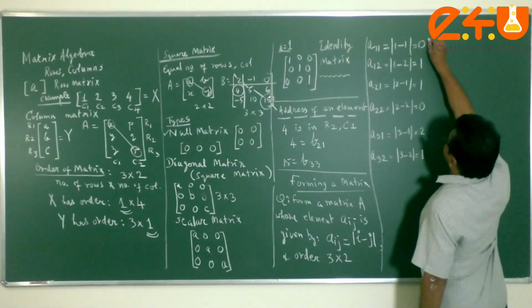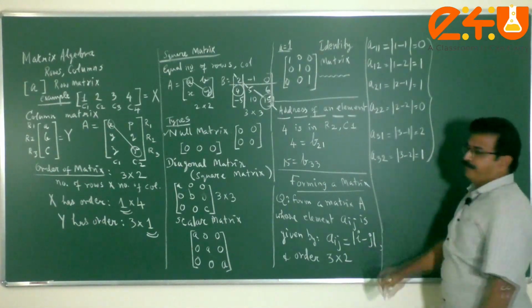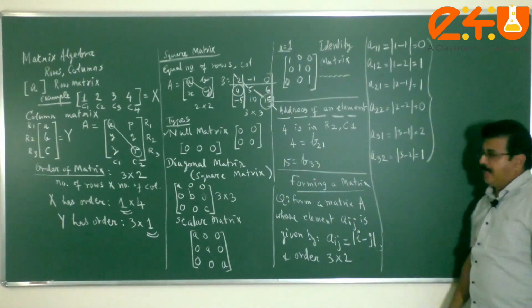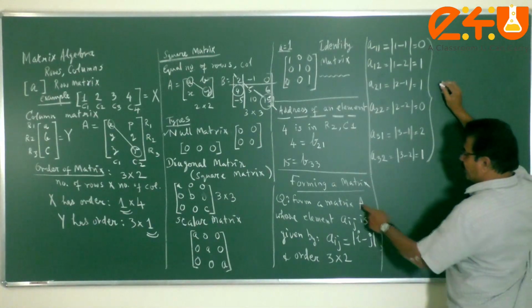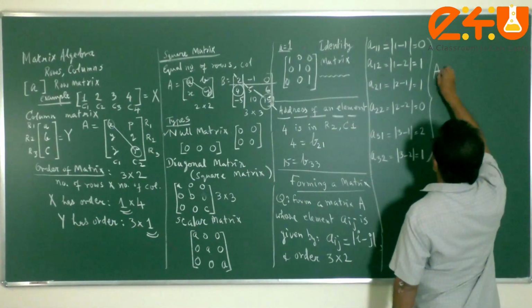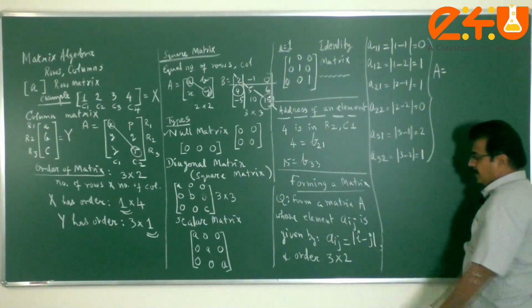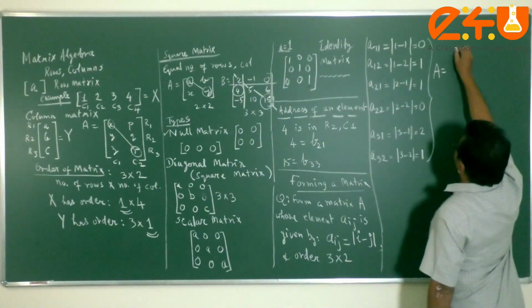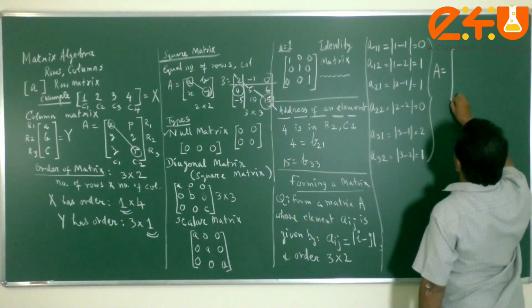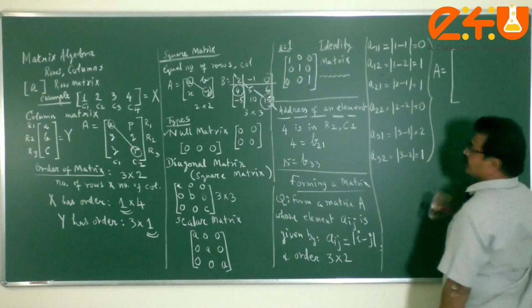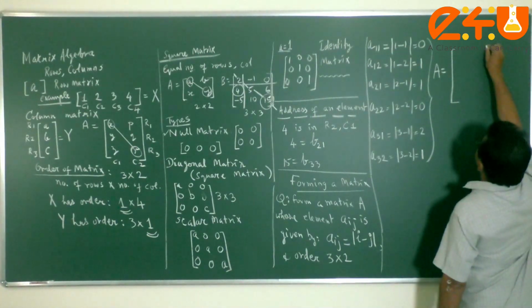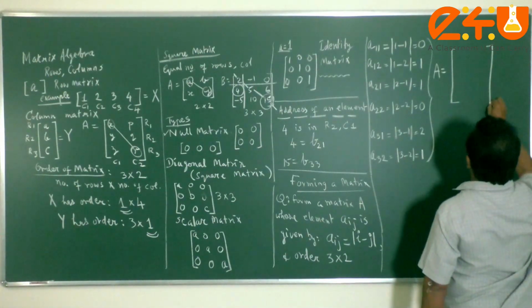Once we have calculated the values of all the elements, now we can frame the matrix. Let me write here. So the matrix is named A. There are 3 rows, so make sure you have made sufficient space for 3 rows and 2 columns.